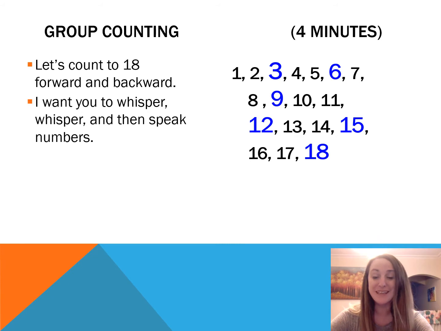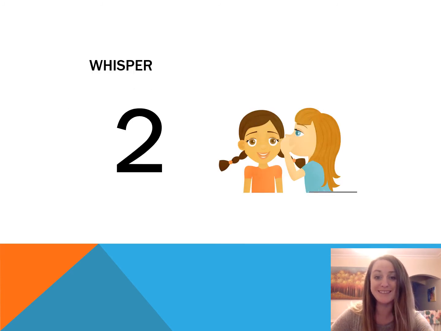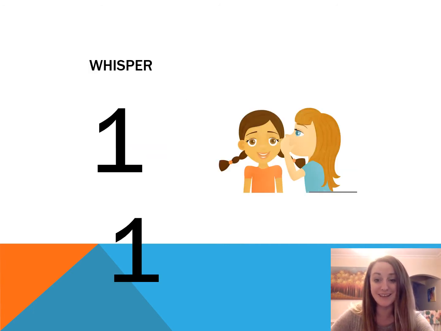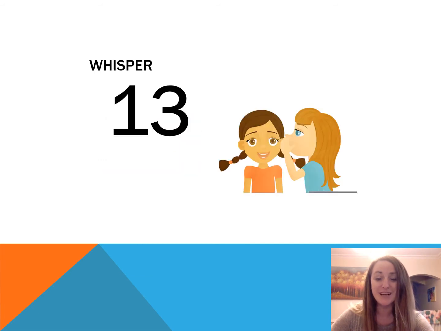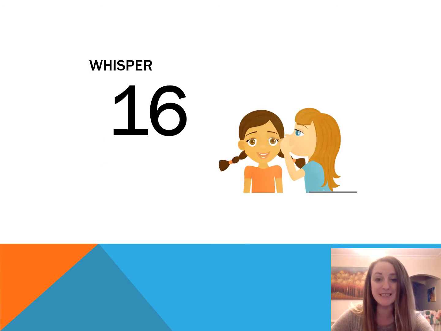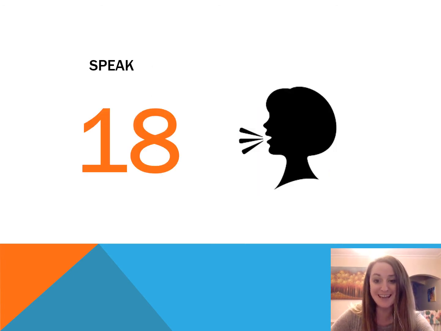Let's keep going. Today, we're going to count forward and backward to 18. I want you to whisper, and then speak numbers, like you see in the pattern next to us. Let's go. 1, 2, 3, 4, 5, 6, 7, 8, 9, 10, 11, 12, 13, 14, 15, 16, 17, 18.